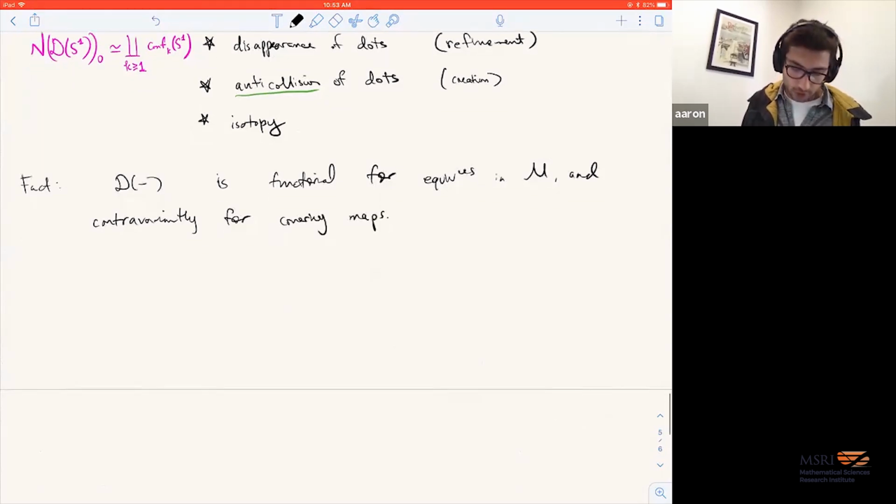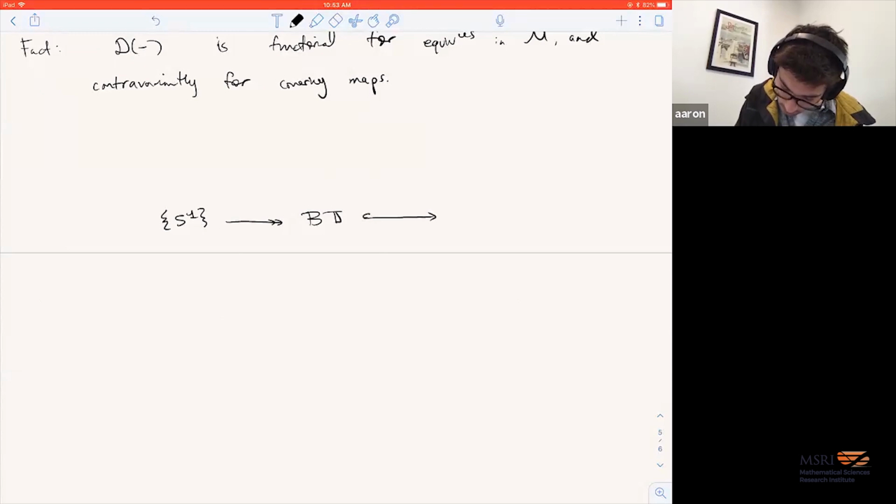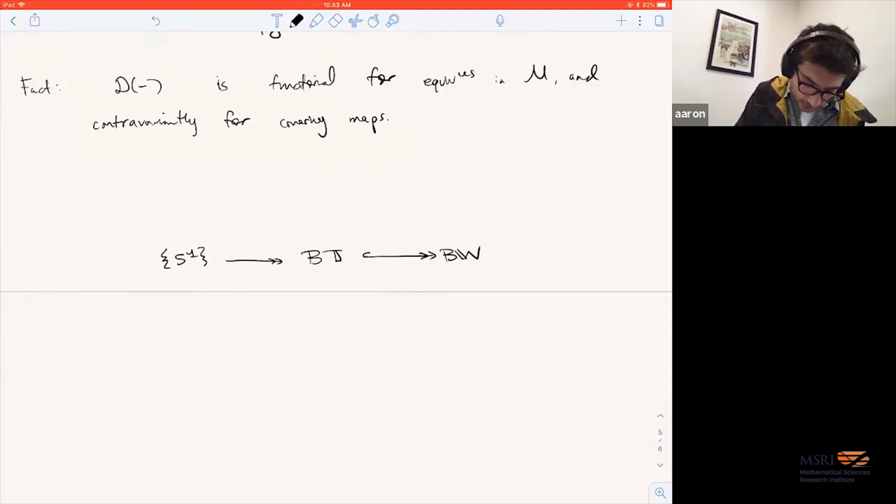So let's return to this composite that we had before, mapping W. So I had D of S1 up here.